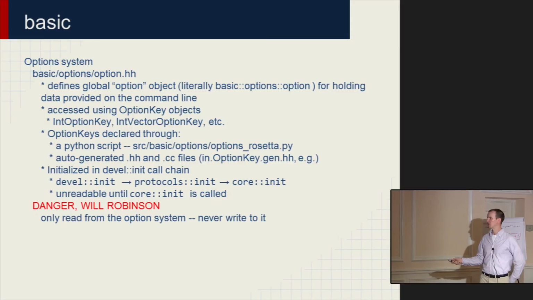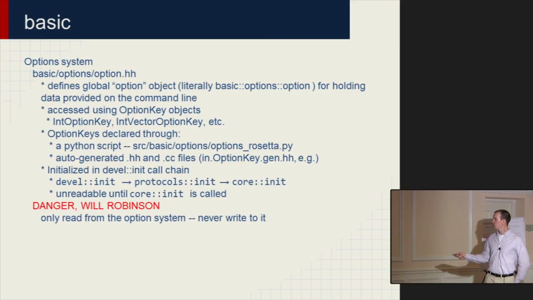These option key objects, the int option key is one class of option key. Int vector option key is a different class. This would correspond to a command line option that you would give one integer for, like number of iterations. And this would give you data that the command line would provide, like how many iterations should I use in each cycle of ab initio, or something like that.